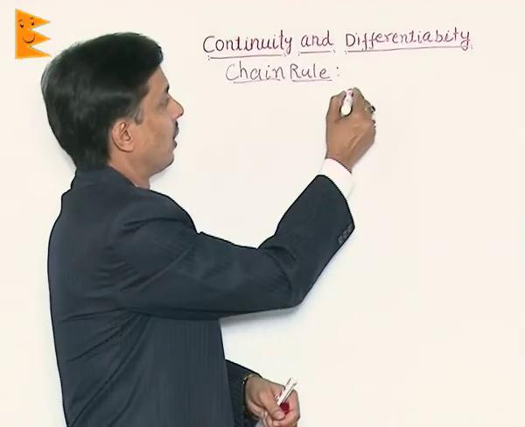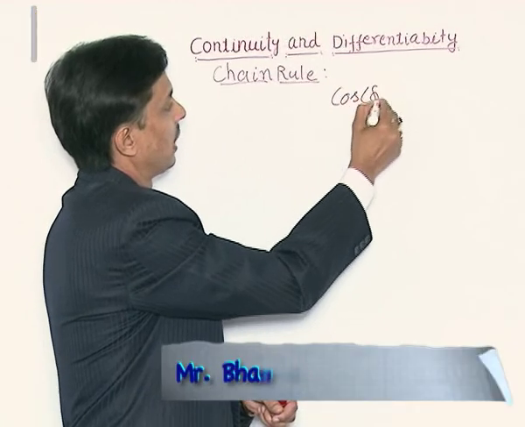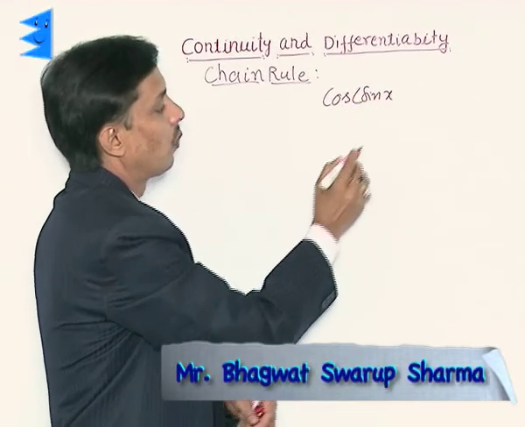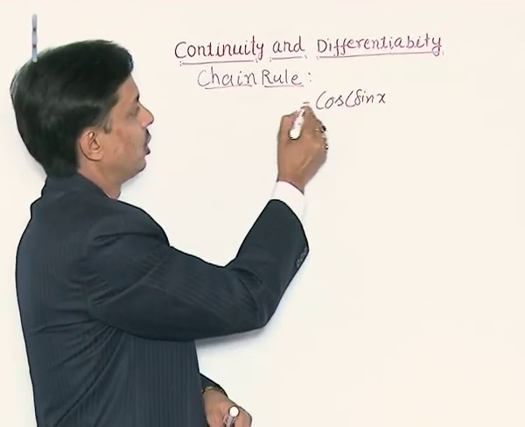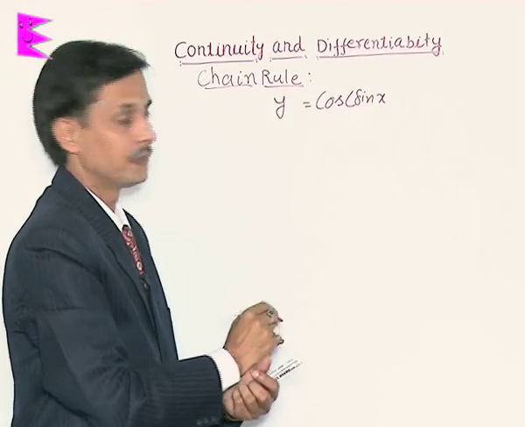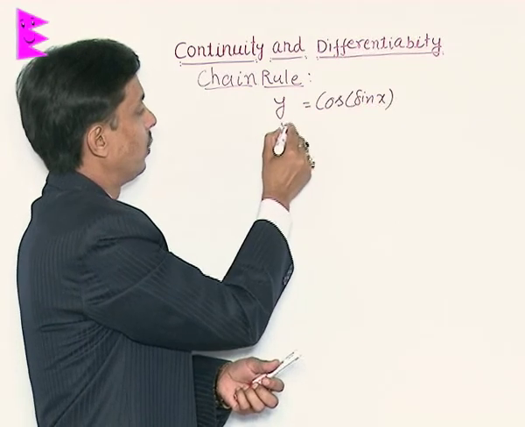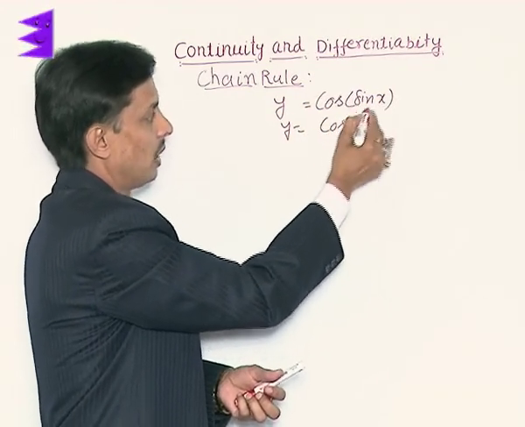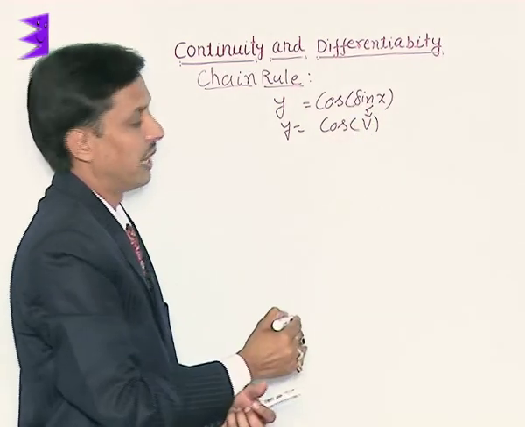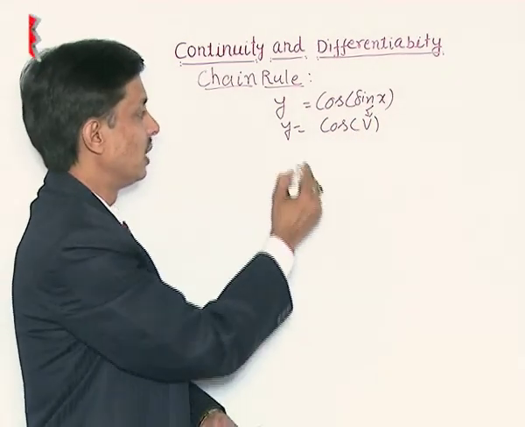Using chain rule, find the derivative of cos of sin x. To find the derivative of cos of sin x by the chain rule, suppose this is y. And we can say y is equals to cos of v, if sin x is assumed as an angle v.